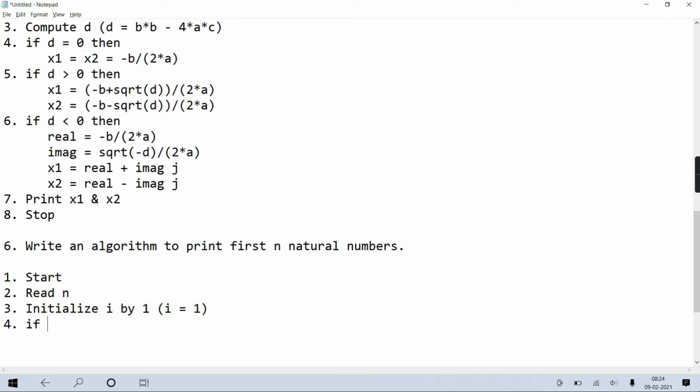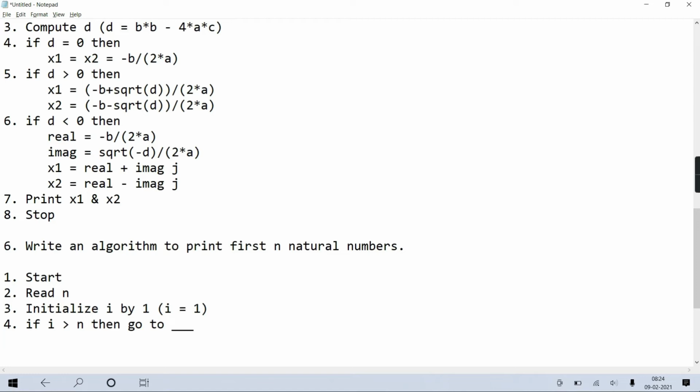Now check whether I is greater than n. If I is greater than n, then we will write go to some step. That step number we don't know yet.